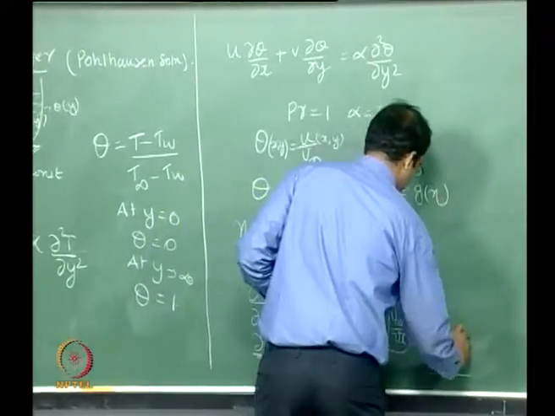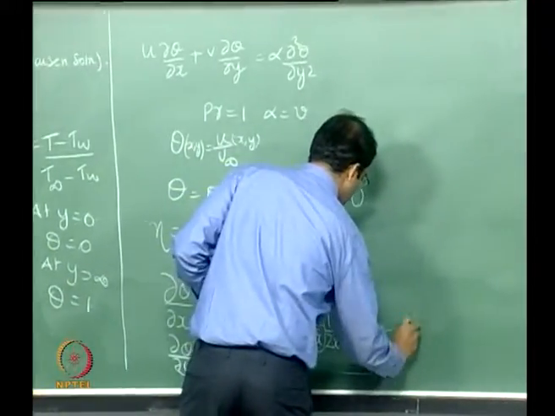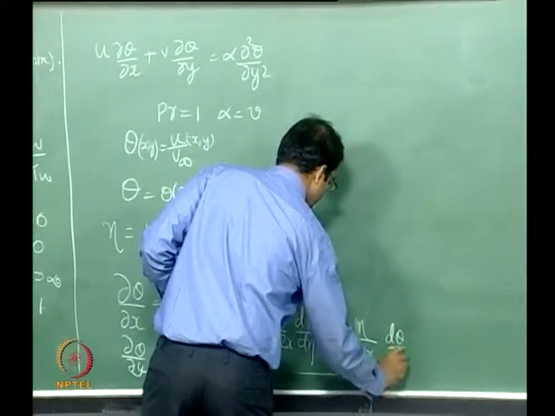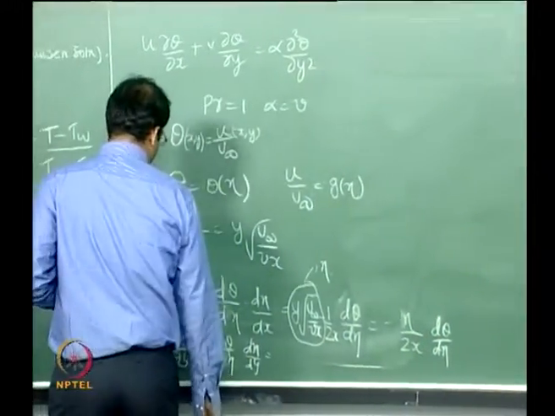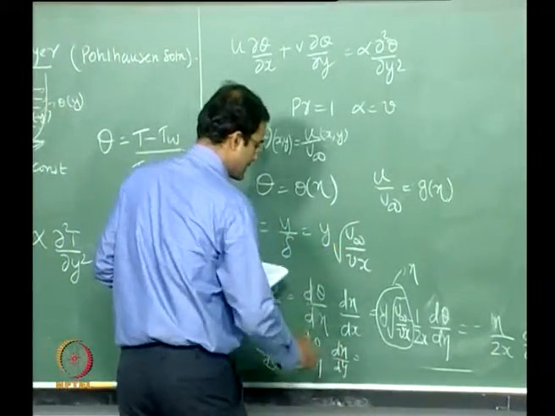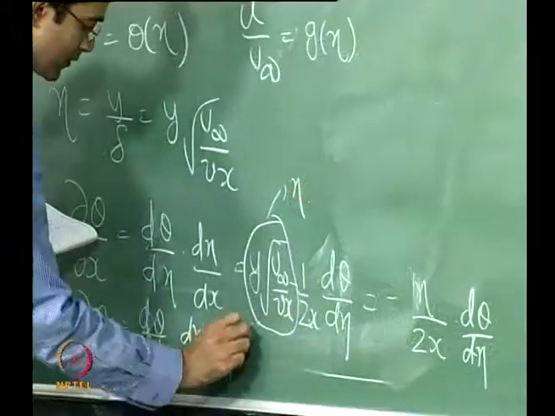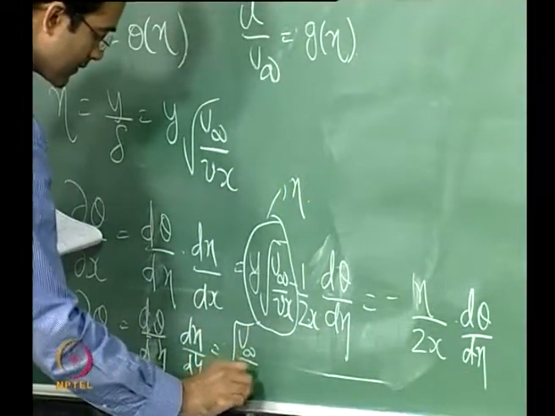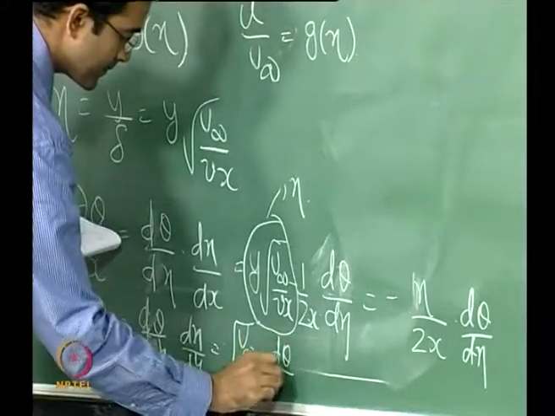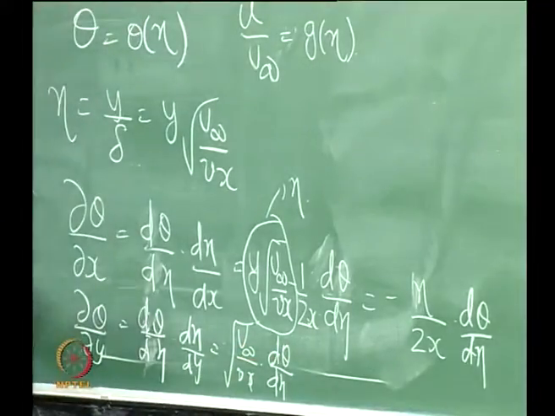So this can be written as minus eta by 2x into d theta by d eta. And d eta by dy is directly this, so this is nothing but square root of u infinity by nu x into d theta by d eta.